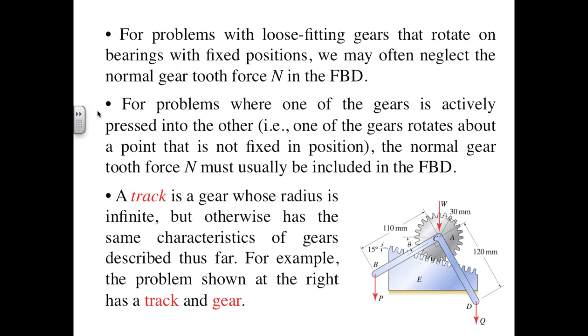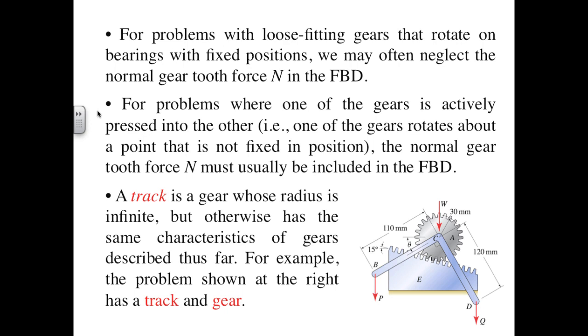Whether we do so or not depends on how the gears are supported. Often, we'll find each gear is supported by its own bearing. In that case, we usually neglect the normal force between gears as small compared to the tangential force. In some cases, as in the arrangement shown here, neglecting the normal force component isn't possible.